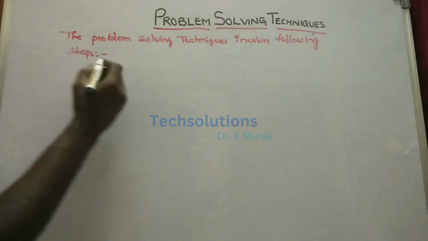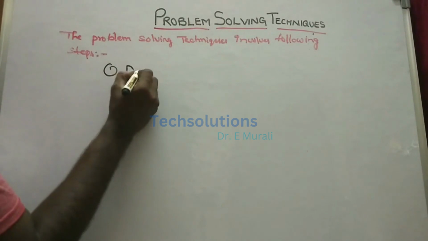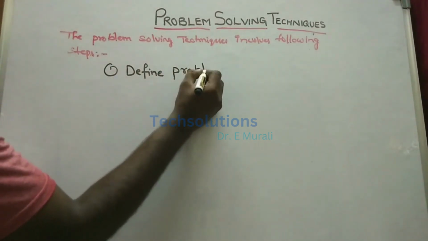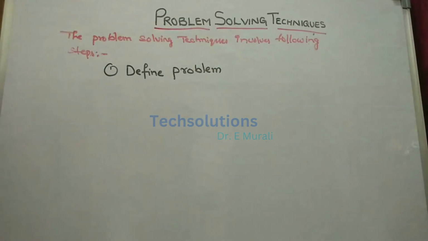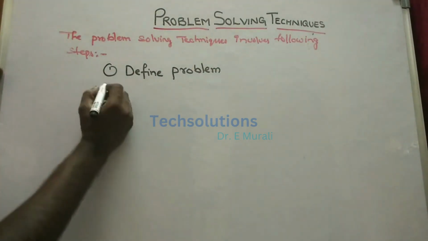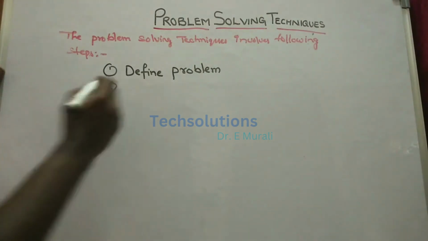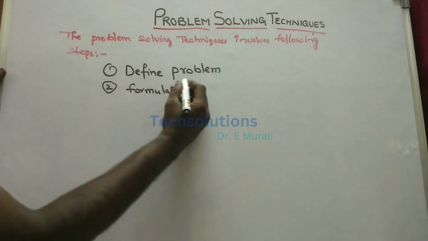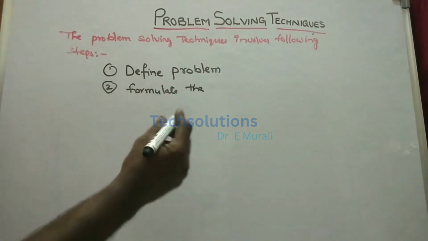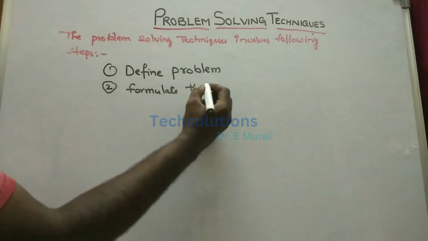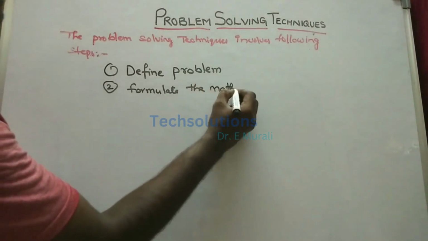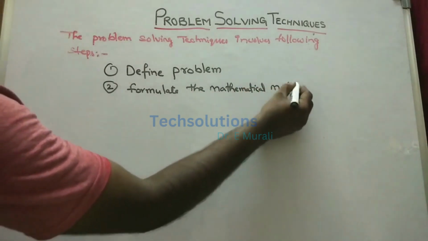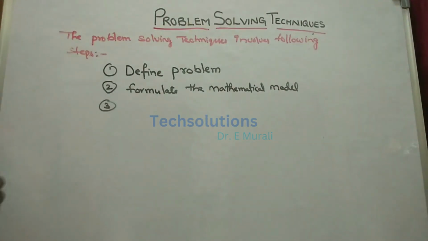What is the first one? First we have to define the problem. After defining the problem, we have to formulate the mathematical model. What is the third step?